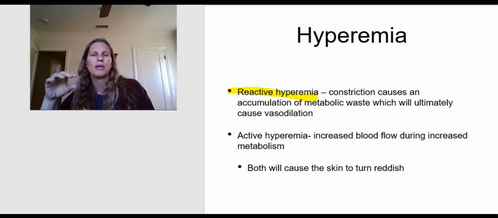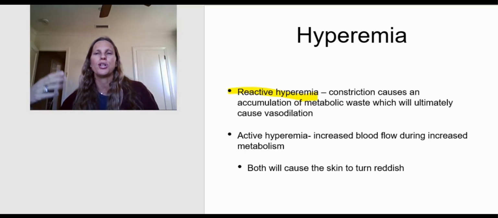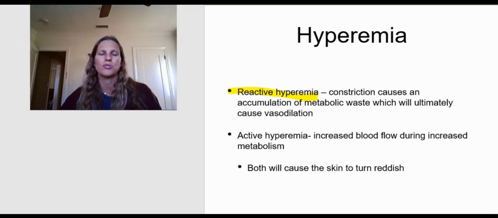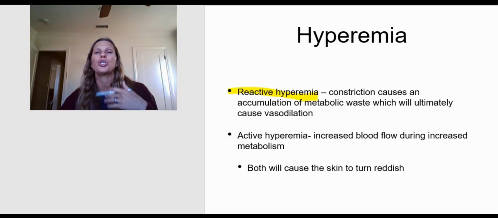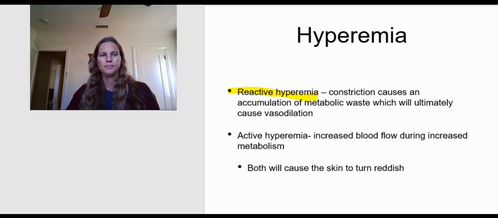So this is a way that we trap metabolic waste in an area. If enough metabolic waste accumulates, then enough CO2 will accumulate and enough hydrogen ion will move into that area, and that will override the constriction and cause vasodilation. We were just talking about that. So that's called reactive hyperemia.